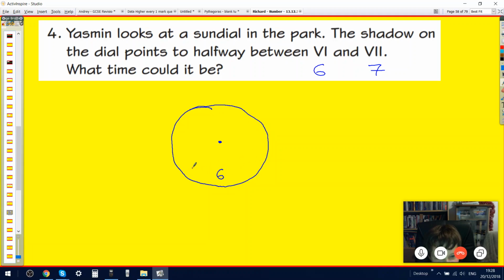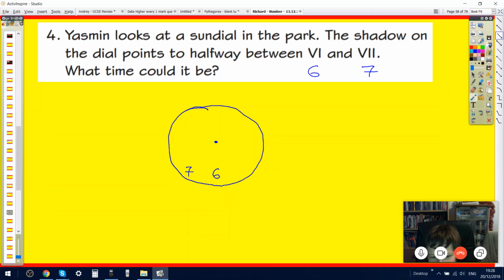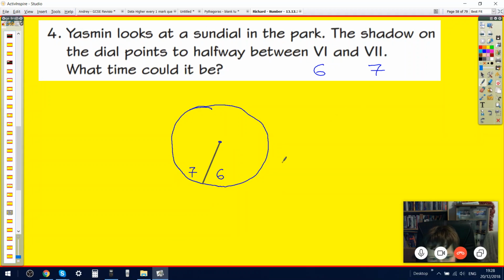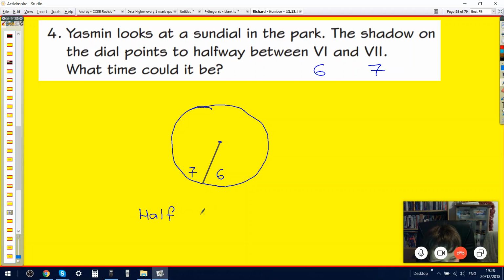It just has one shadow. Oh, okay. And so, if this was the shadow, any idea what time that represents? It would be half. Wait, no. Yeah, 6:30. Yes. Because it only shows you the hours. So if it was a quarter way between 6 and 7, that would be 6:15. Okay, that's 6:30. That's how they work.